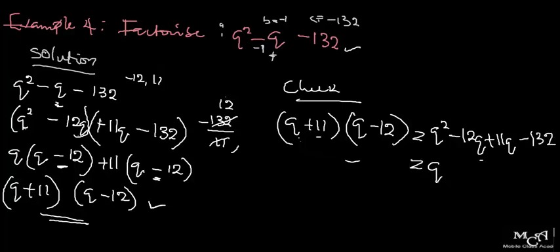We add them together. We have q squared minus 12q plus 11q will give us minus q minus 132. When we compare this with our question, we'll see that everything is the same. Therefore, this calculation is correct.